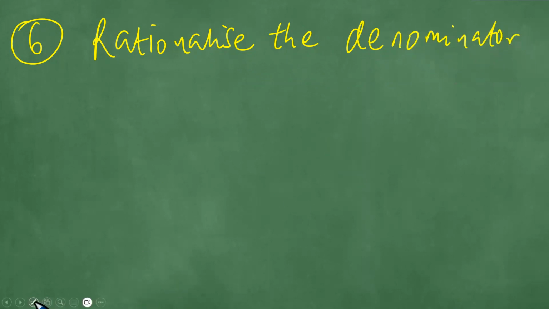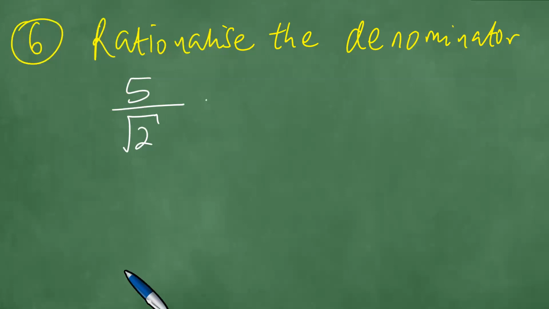We have 5 divided by the square root of 2. What's the answer here? I'm giving you a split second. 5 times the square root of 2 over 1. It's 5 times the square root of 2.